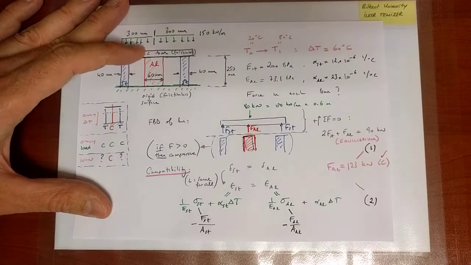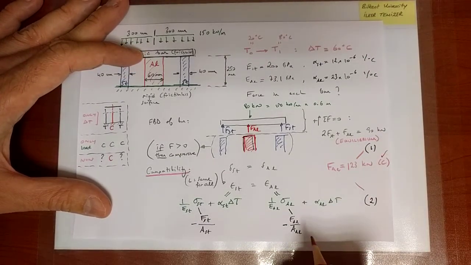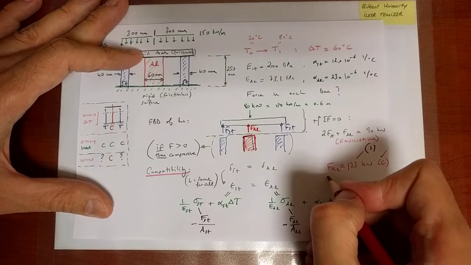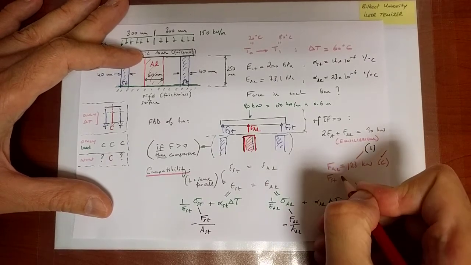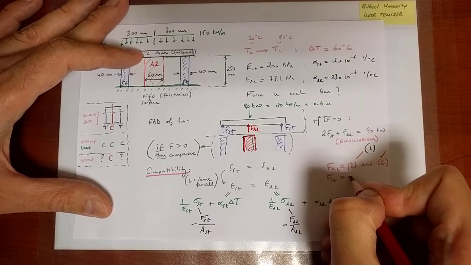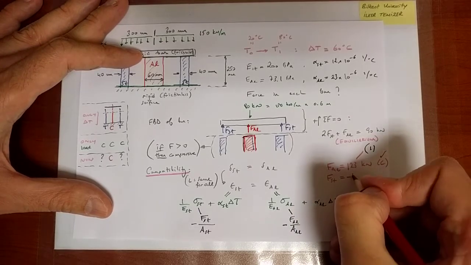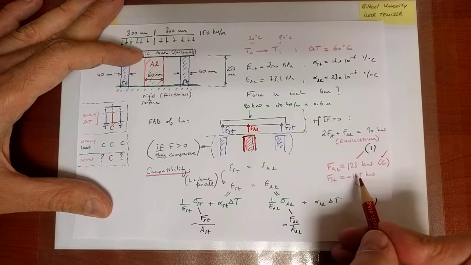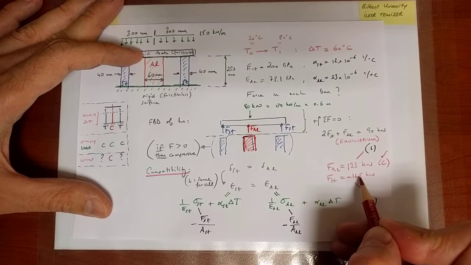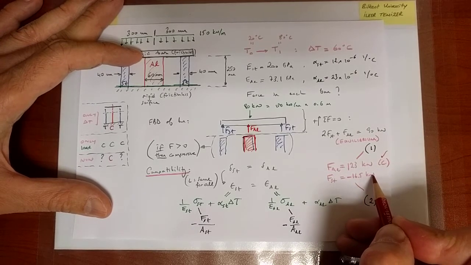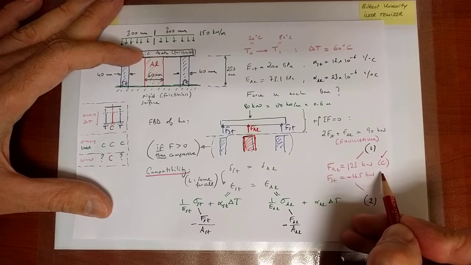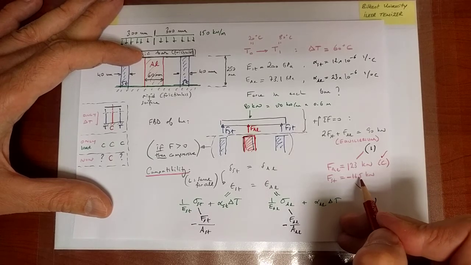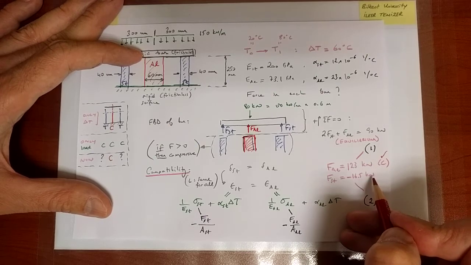That is indeed what I was expecting. Now the force in steel comes out to be, on the other end, negative. So it comes out to be negative 16.5 kilonewtons. Okay, so in other words, it is negative 16.5 kilonewtons compression, which is weird to say. It is really 16.5 kilonewtons tension.